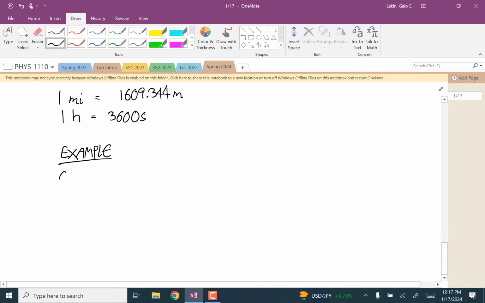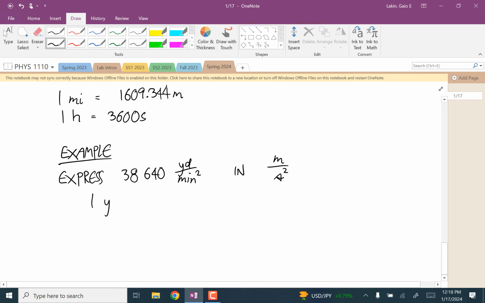Let's say we want to express 38,640 yards per minute squared in meters per second squared. We're going to do it using the following conversions.